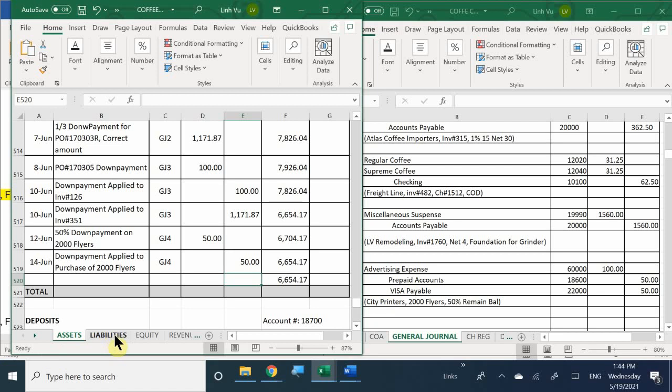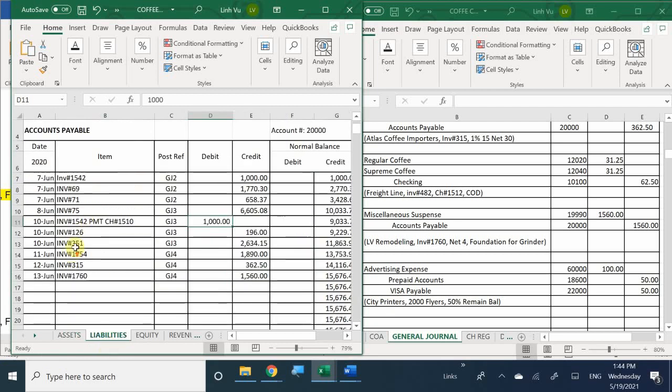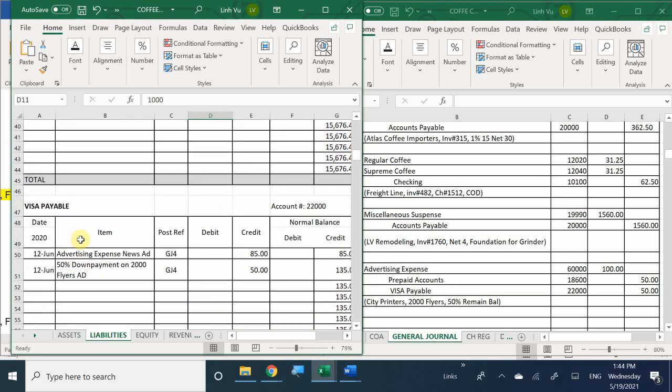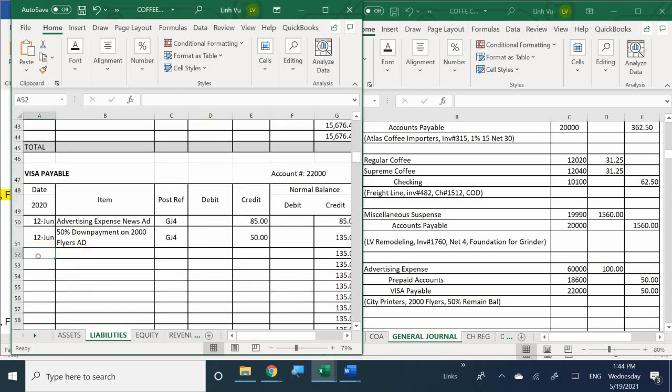Okay, perfect. Now that we have this part, we're going to go to our liabilities, because we charged our credit card. So here we are, Visa payable, 614. Once again, we could say remaining balance on 2,000 flyers.